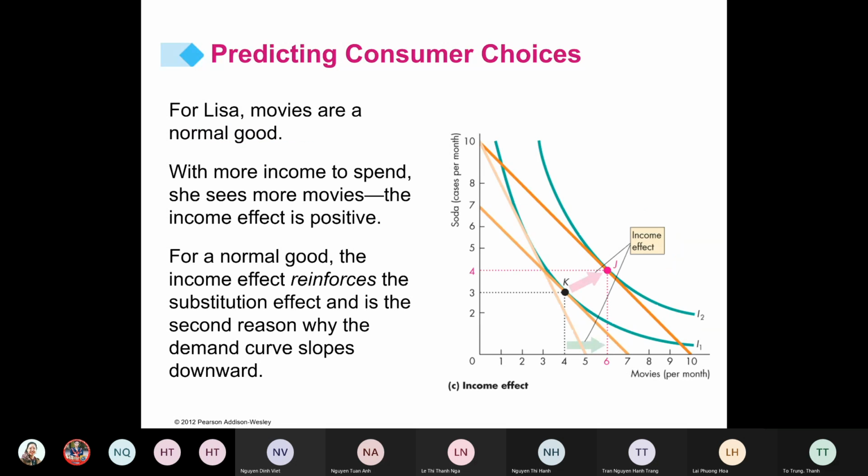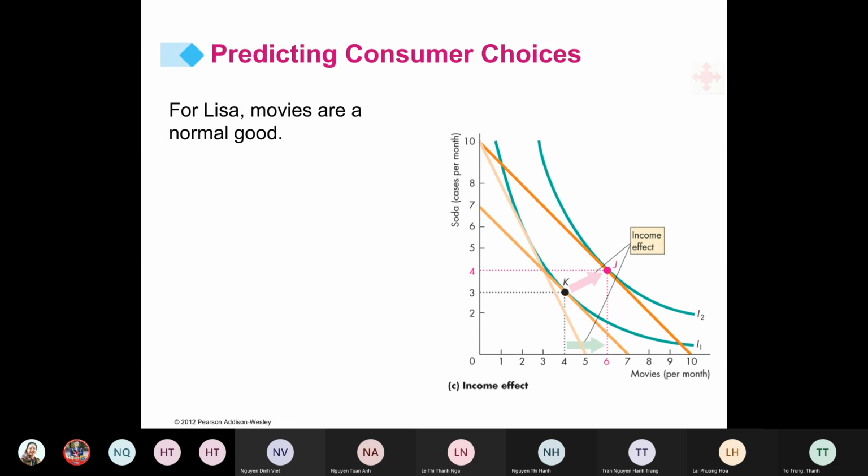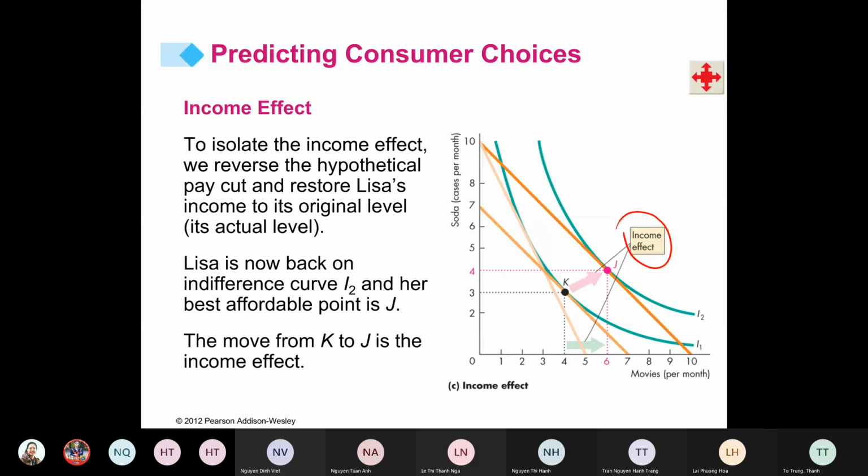So finally, what we do is separate the price effect into two types of effects: the substitution effect and the income effect. So 2 to 4 movies is the substitution effect, and 4 to 6 movies is the income effect.